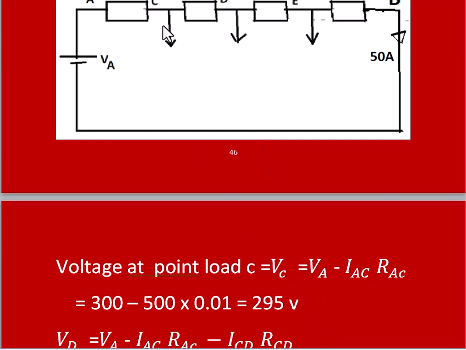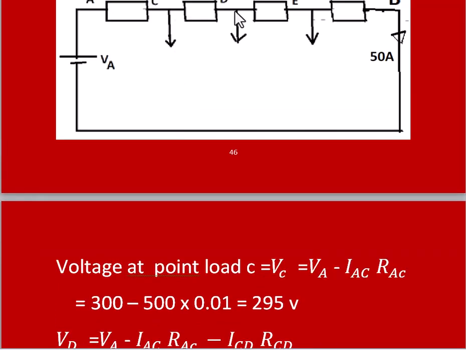VC is equal to VA minus IAC RAC. IAC is known, RAC is also known. Substitute those values. IAC is 500 amperes, whereas RAC is 0.01 ohm. So I into R. Here is 300 volts, the supply voltage at the feeding point. So 300 minus 500 into 0.01 means 295 volts is the voltage at load point C.